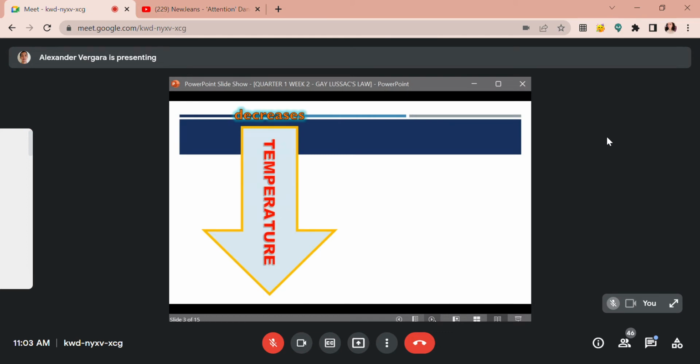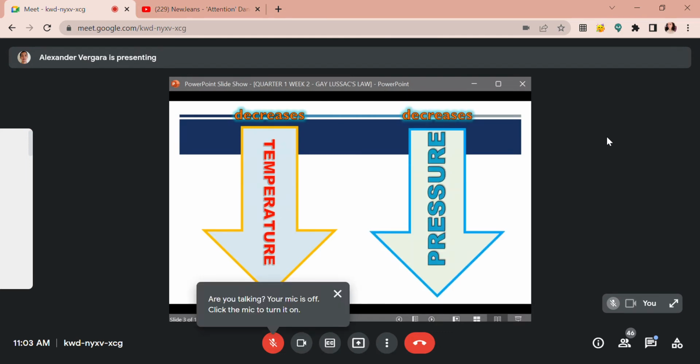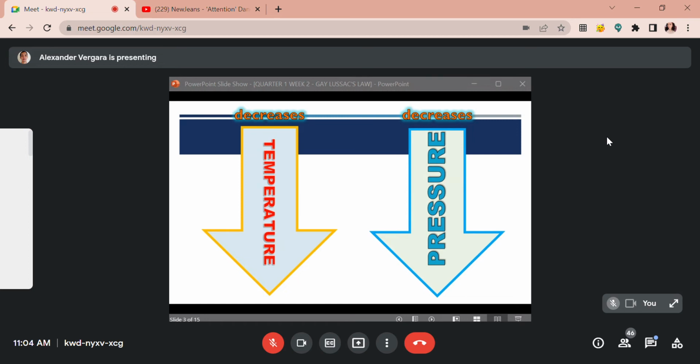Do not be confused with the word pressure even though it's going up. You still have to look at the arrow. So, as the temperature decreases, the pressure will decrease also.